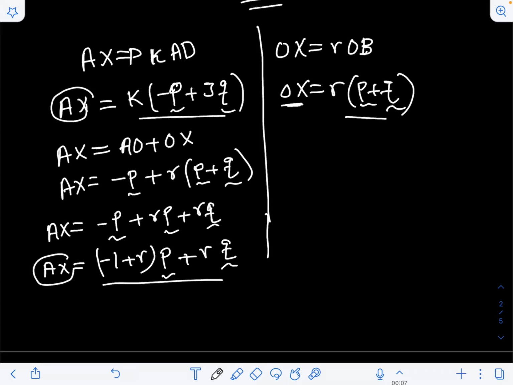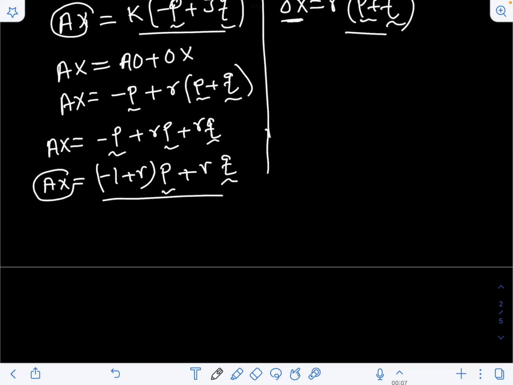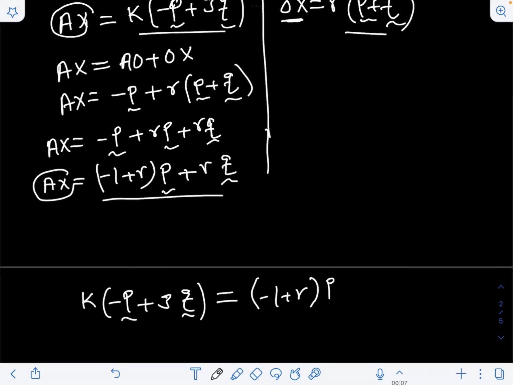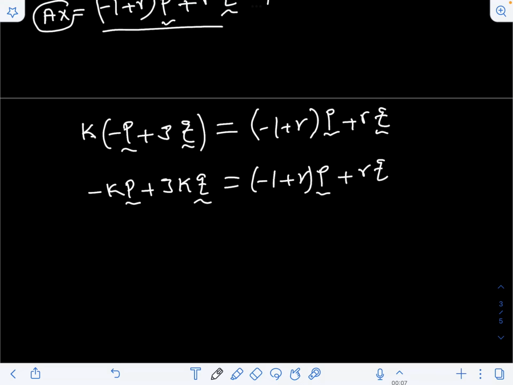Very good. So we can equate these two equations now, because AX here and AX there are the same. So K into brackets negative vector P plus 3 vector Q is the same as negative 1 plus R bracket vector P plus R vector Q. Let us open this bracket: negative K vector P plus 3K vector Q equals negative 1 plus R, then vector P, plus R vector Q. So we can equate them.